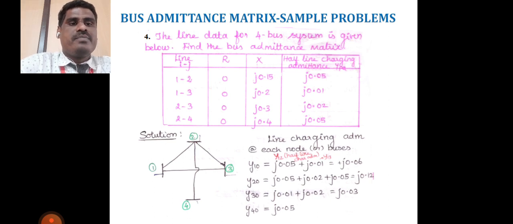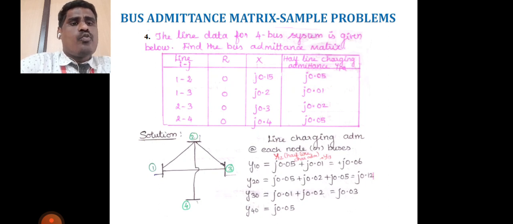But in the remaining problems only these 4 cross 4 matrix values are calculated, whereas in this case we additionally calculate Y10, Y20, Y30 and Y40. If line charging admittance is present, it is necessary to calculate these values.